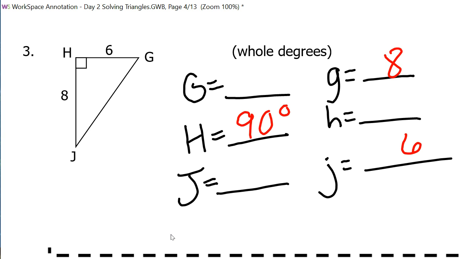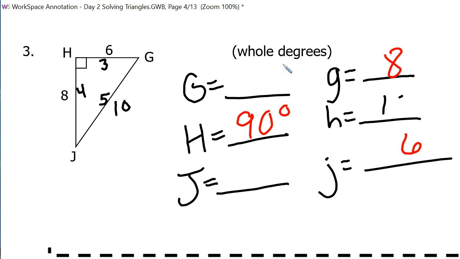This one's actually a triple. Which one is it? 6, 8, 10. This is a 3, 4, 5, doubled. So this is 6, 8. So side H is 10.